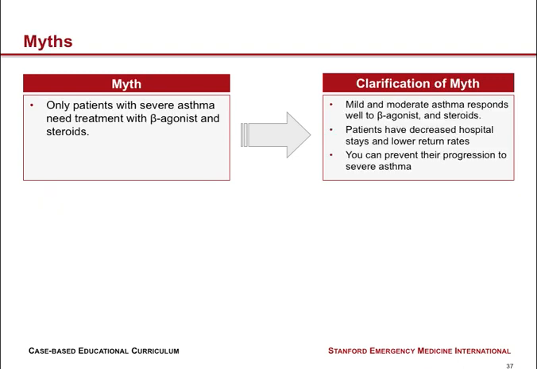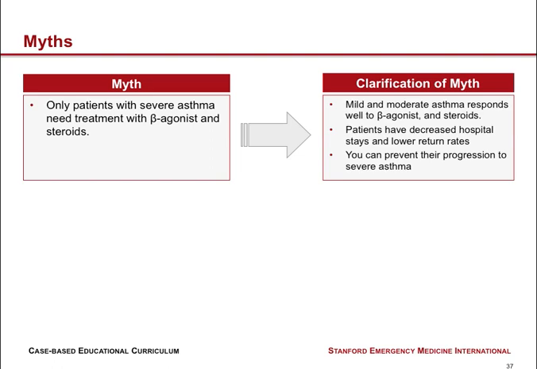I wanted to address a few myths. Some people may think that only patients with severe asthma need treatment with beta agonists and steroids. So someone who may come in with only mild wheezing, they might think that they don't need these medications. And I'd like to clarify that, because mild and moderate asthma respond very well to beta agonists and steroids.